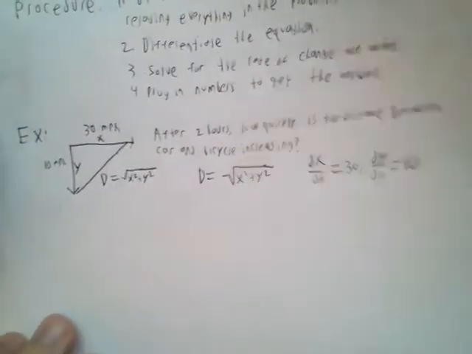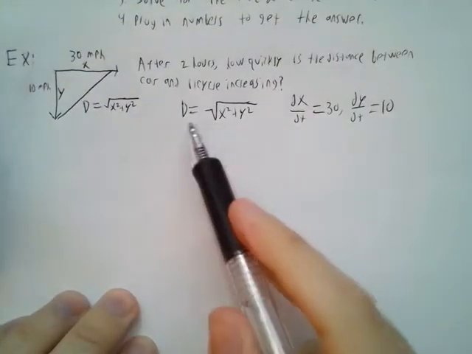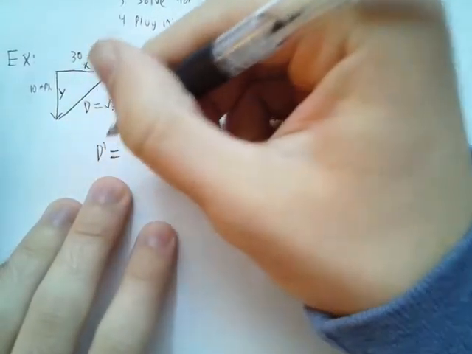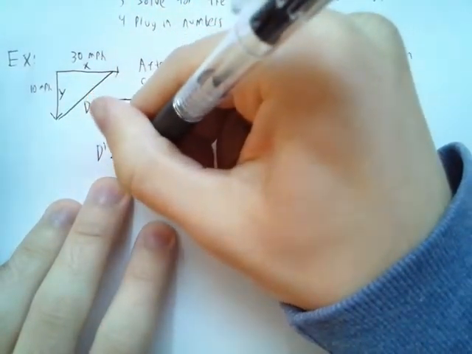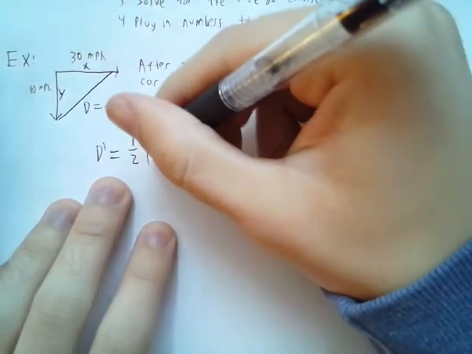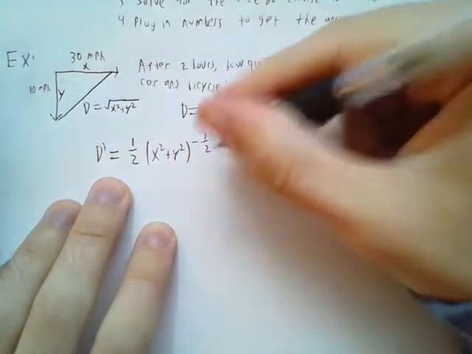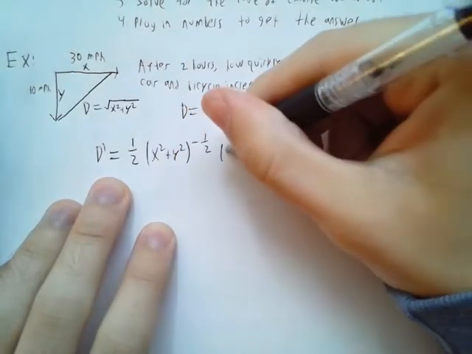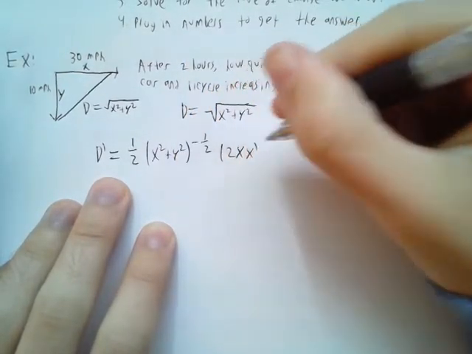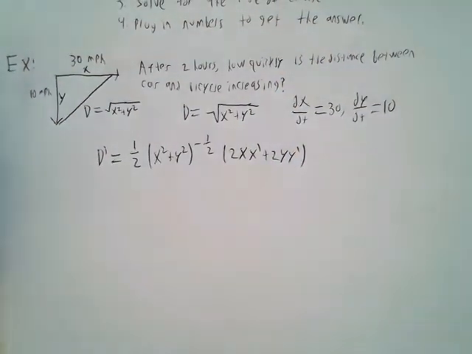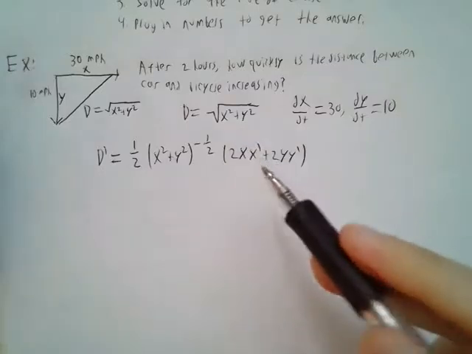So we can use this information to figure out what dd/dt is. So d prime is going to be equal to 1/2 times (x squared plus y squared) to the negative 1/2. Then by the chain rule, we multiply by 2x x prime plus 2y y prime. So this is our equation for the derivative.